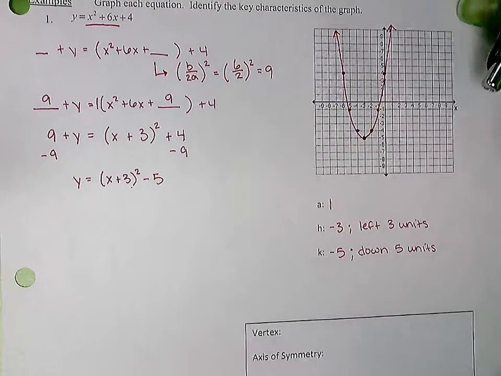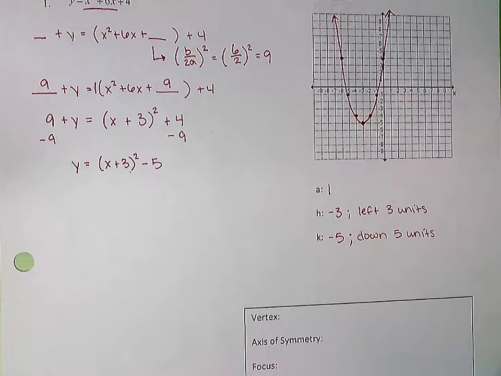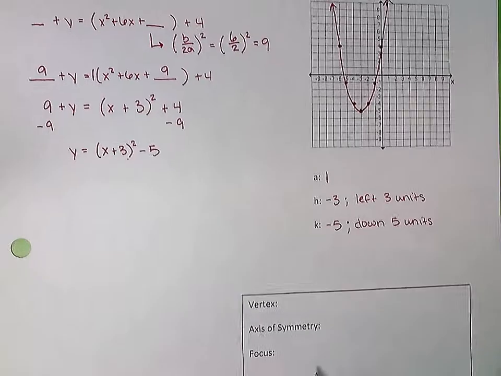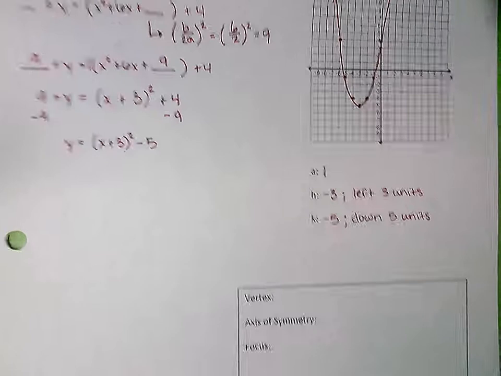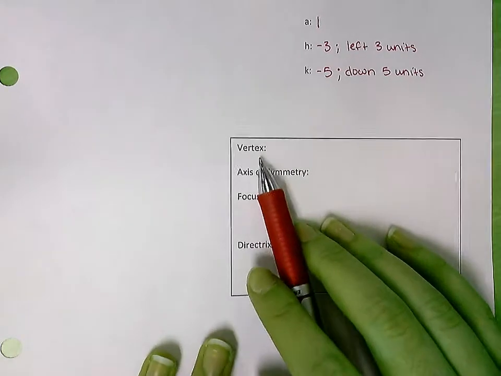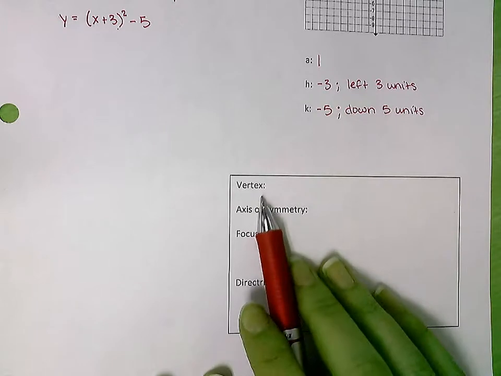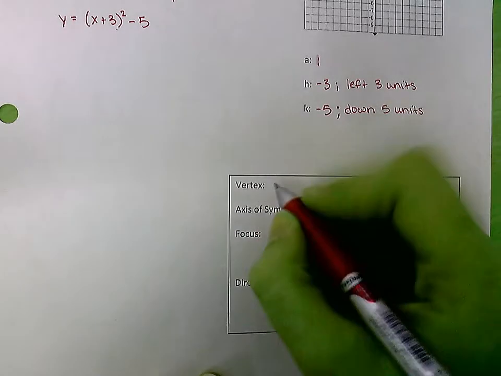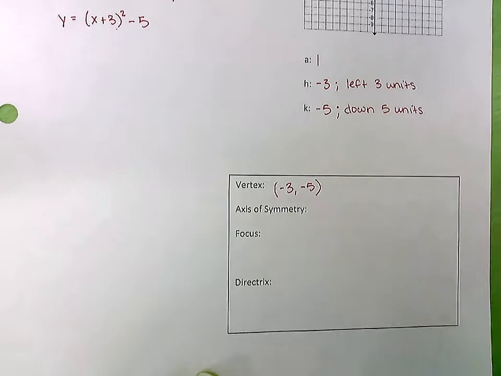All right, now that I've drawn in my parabola, I want to find some key characteristics of this graph, just like we did yesterday. First I want to find the vertex. I already labeled H and K. Your vertex is H comma K. So H is -3, K is -5.